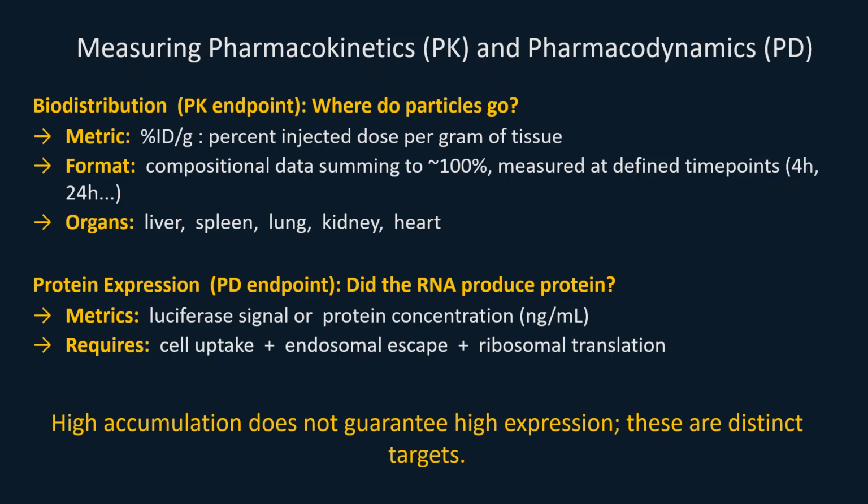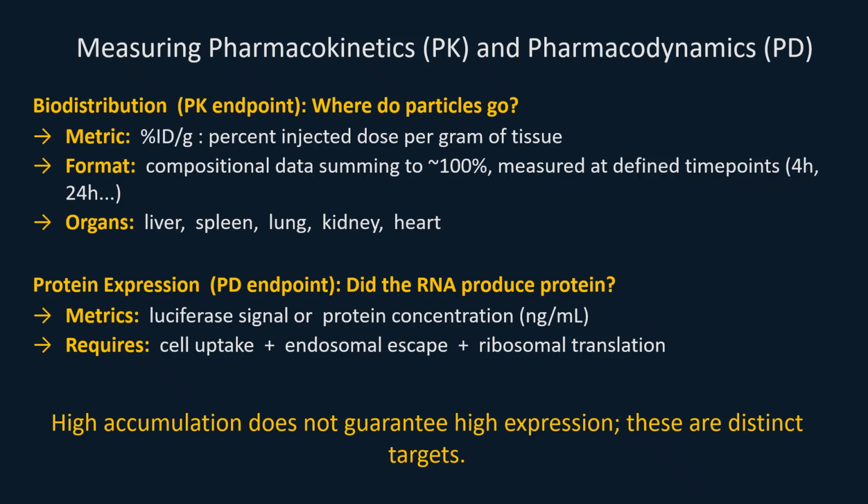And this is where the critical distinction we need to know comes in. Expression requires cell uptake, endosomal escape, and ribosomal translation, all of which can fail independently after the particle has already accumulated in the tissue.